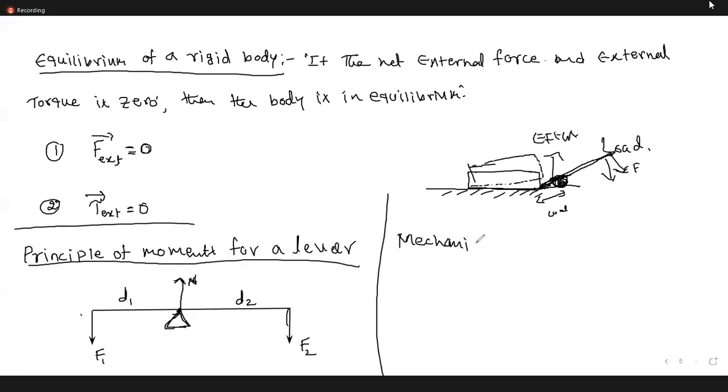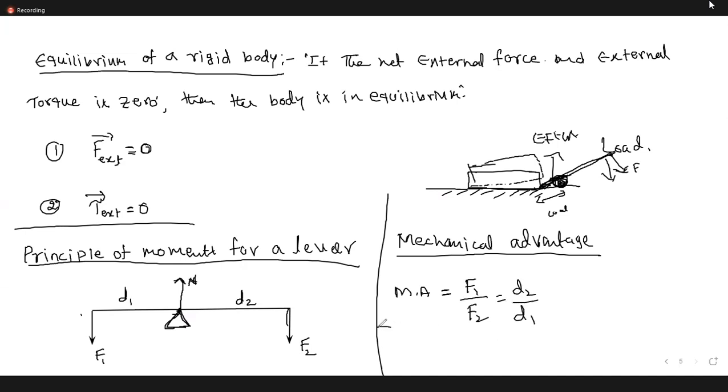So mechanical advantage equals F1 by F2, which equals D2 by D1.